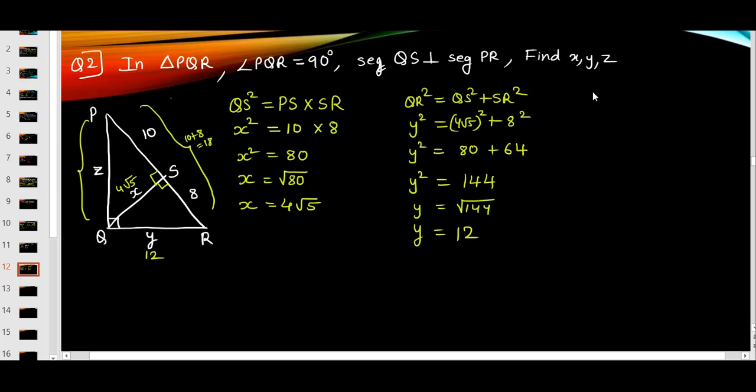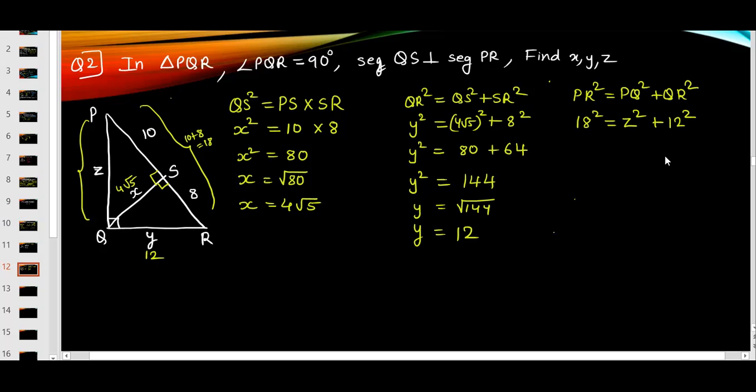So let us use Pythagoras theorem there again. PR square is equal to PQ square plus QR square. So PR total is 18. So 18 square equals PQ square, which is Z square, plus QR square, which is 12 square.